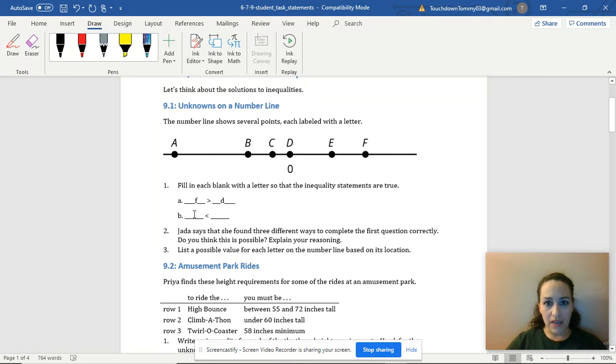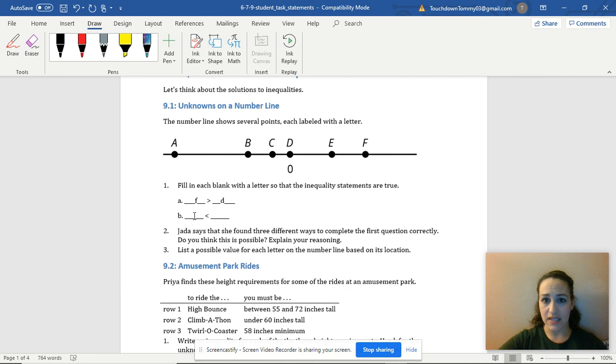And for part B, we're asked to write a statement in the opposite direction, where whatever we put first should be less than, because that symbol has the small side of the symbol on the left. So the value we put on the left needs to be the lower value. Left is less.